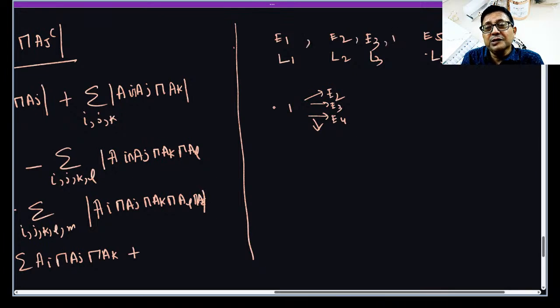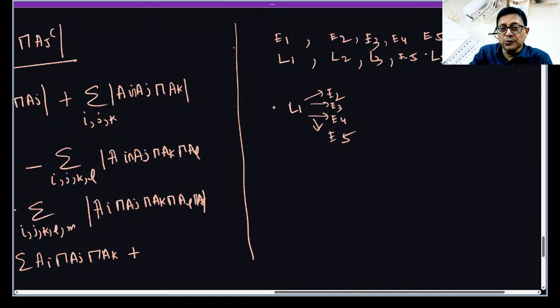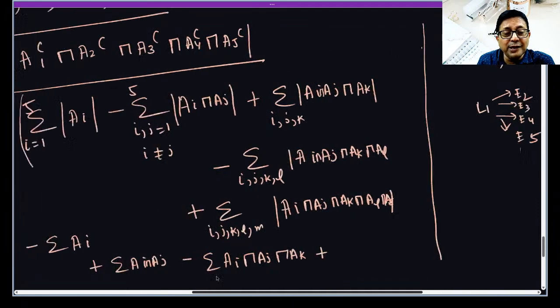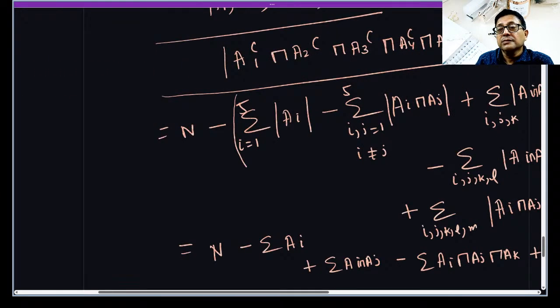So E1, E2, E3, E4. This letter 1 will just not go to E1. This is E5. It has gone to any one of these four cases. For simplicity, let us calculate this way first. This formula I remind you first. This is called the C formula.